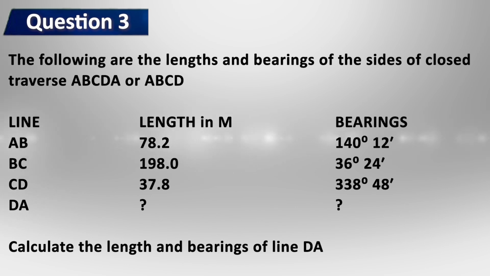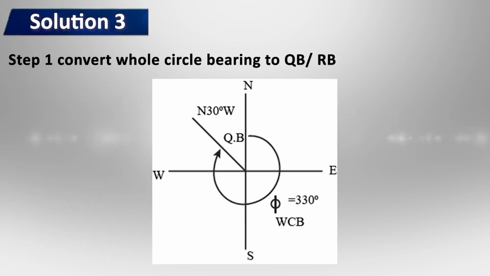For this, we need to calculate the latitudes and departures. For that, we require the bearings in reduced or quadrantal bearing system. So step 1 would be to convert this whole circle bearing to quadrantal or reduced bearing. In whole circle bearing, all the bearings are measured from the north axis, called the meridian, in clockwise direction, and the values range from 0 to 360 degree.